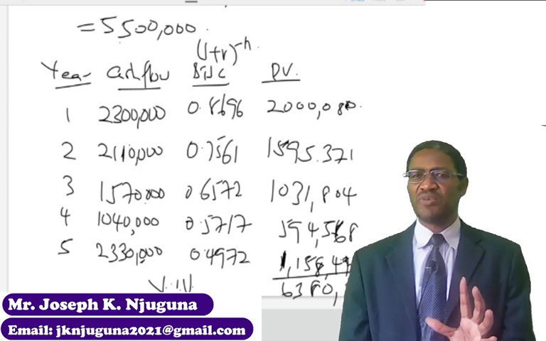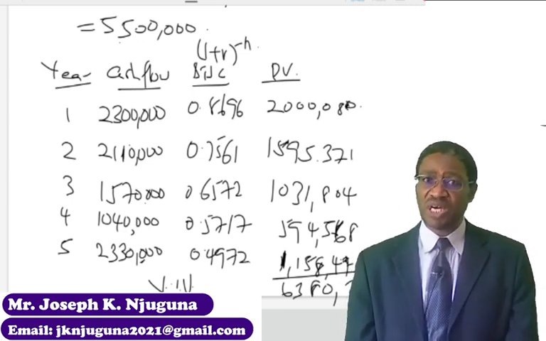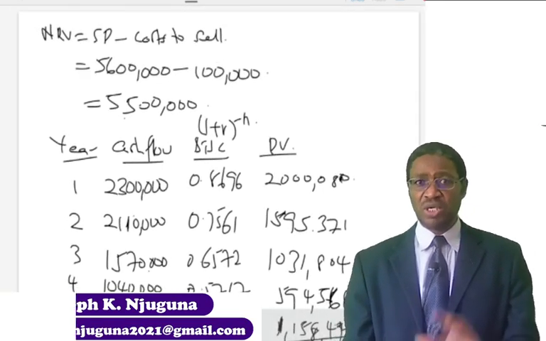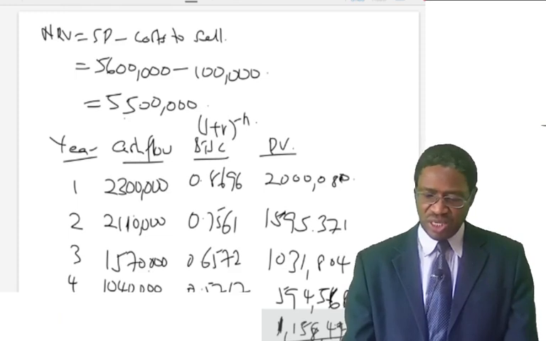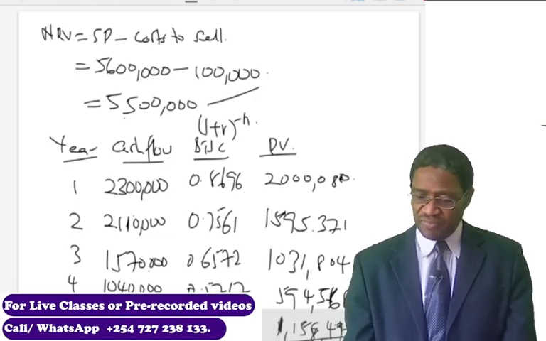So now we know the value in use. Now we know the recoverable amount. What was the recoverable amount? We computed the net realizable value. You can see it up there.